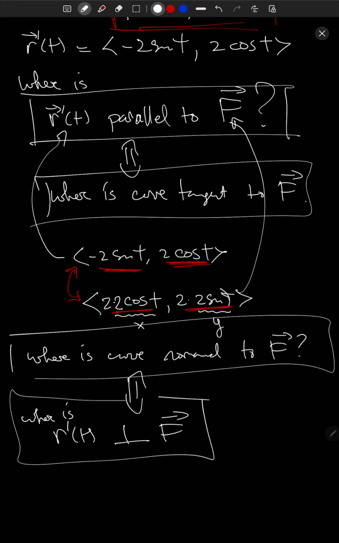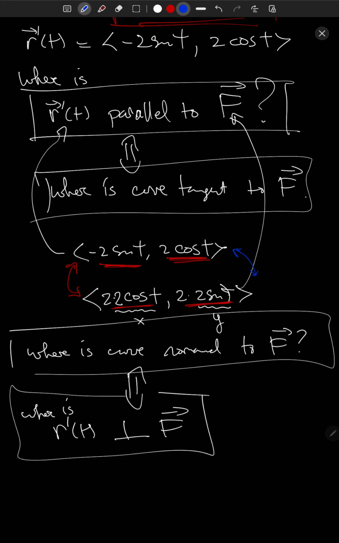In this case, you would take the dot product of the two and look for where they're equal to 0. So again, that just becomes an algebra problem.